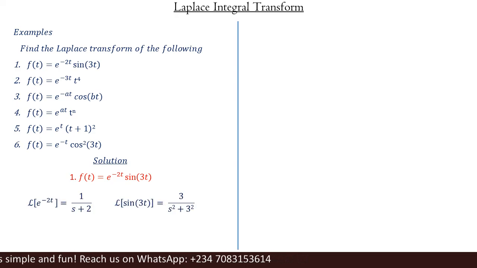It is going to give us 1 all over s plus 2. Good. Now, what about the Laplace transform of sine 3t? We are going to have 3 all over s squared plus 3 squared.